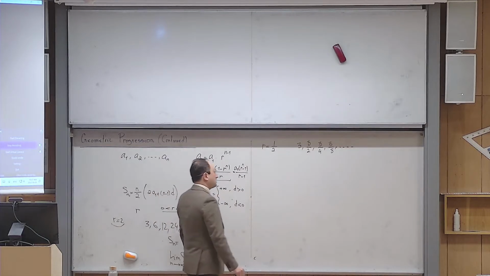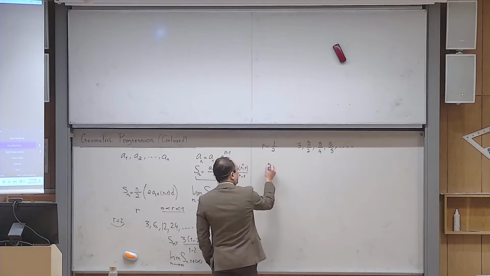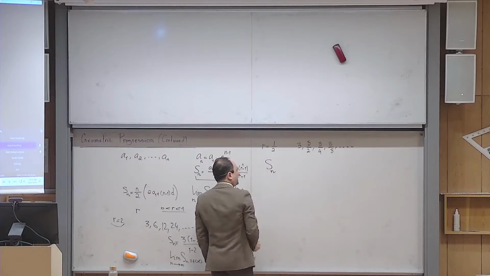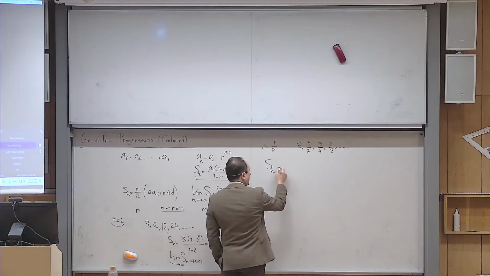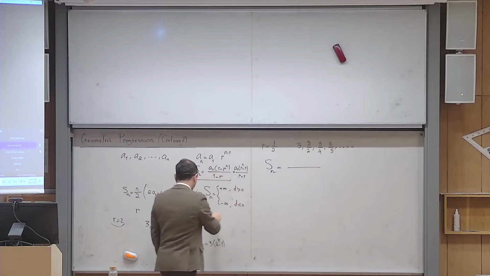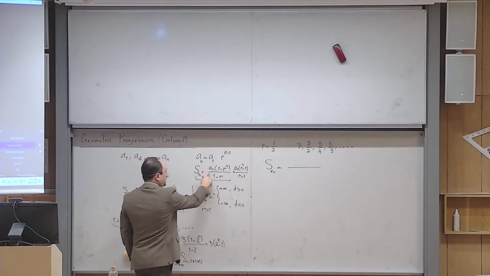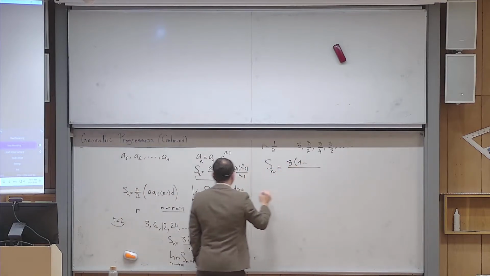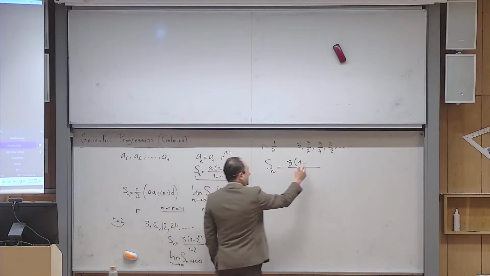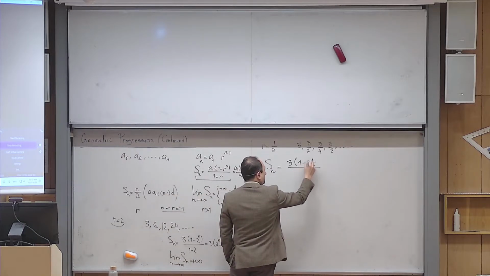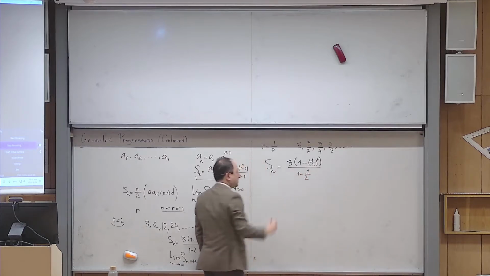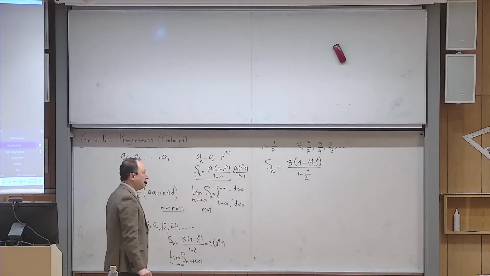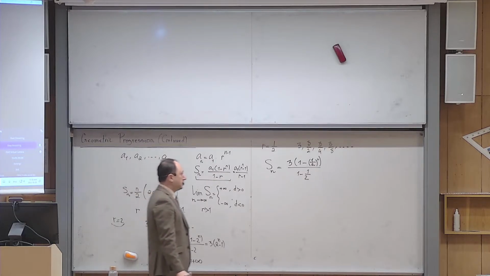So let us just answer this question for this sum. First of all, I calculate Sn for any arbitrary n. How should I calculate that? Using the formula. A1 is still 3, and then I have 1 minus, in this case 1/2, raised to the power n, over 1 minus 1/2. This is the sum if I add n of them only, but let me simplify this a little bit.